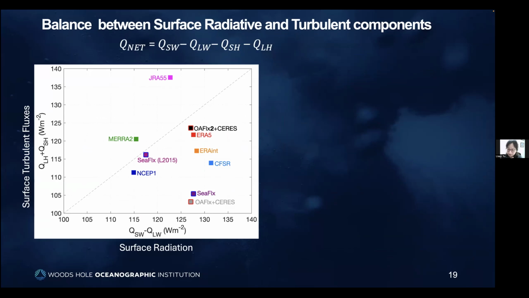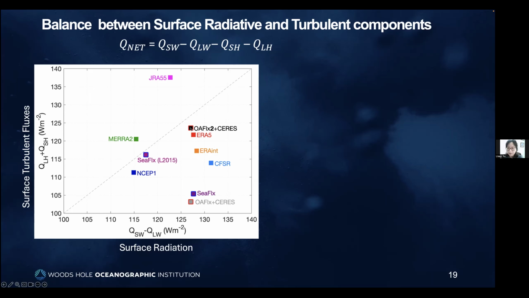However, if you look at the partitions of this balance, it's a very interesting problem, because you can get to the balance in many kinds of combinations. For example, the flux's original form is shown here, but the adjustment increases the turbulent fluxes and reduces radiation.